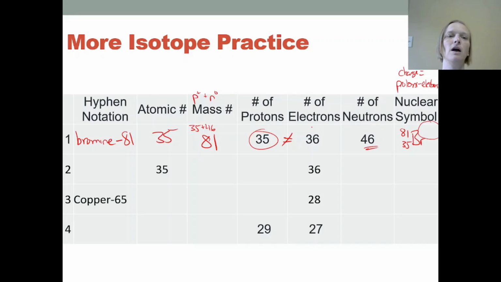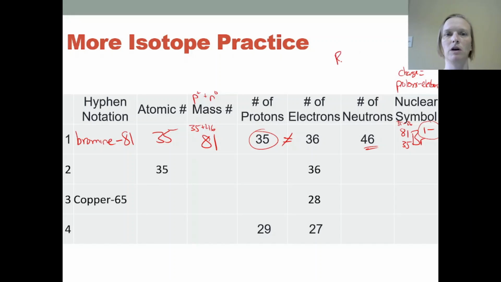So in this example, I've got 35 minus 36. 35 minus 36 is -1. And so we write that charge in the top right corner of the nuclear symbol. Just to let you know, I will generally write the charge, the symbol for the charge after the number. That's just kind of standard notation.